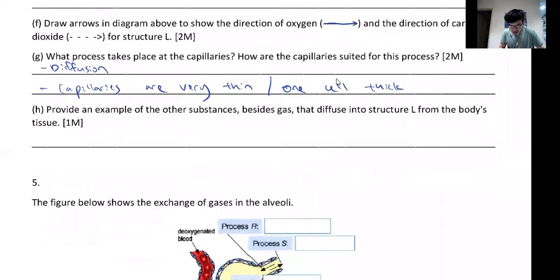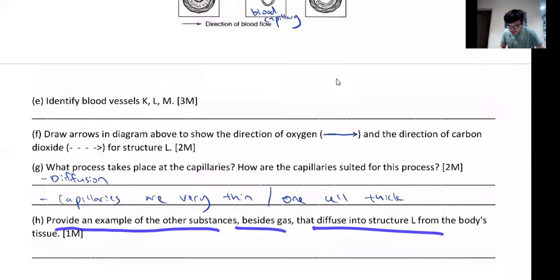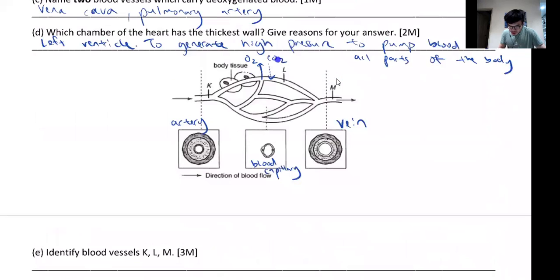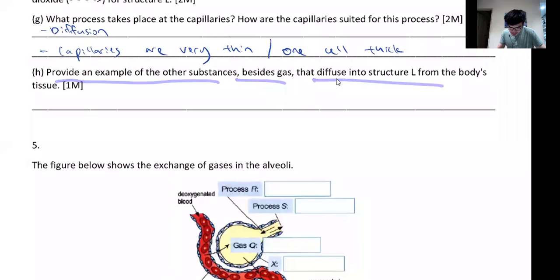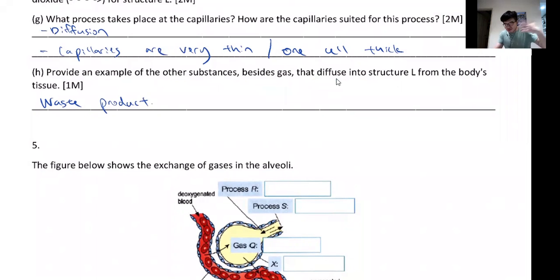So here, provide an example for other substance besides gas that diffuse into structure L from the body's tissue. So what else goes into L besides gas? You have your waste product. Any rubbish that the cells don't want, throw it into L, so that L can carry it to the kidney, and then your kidney will filter all these things out.